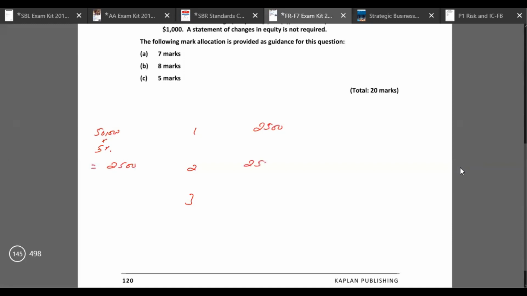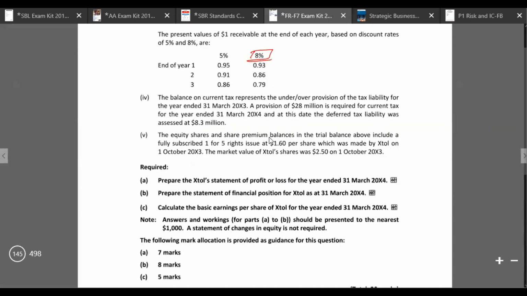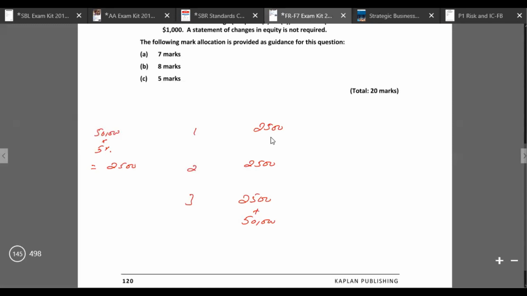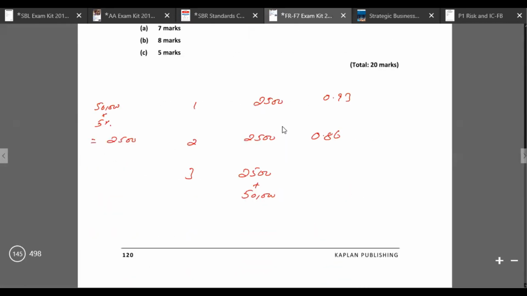In year 2, there will be 2,500 interest. In year 3, there will be 2,500 plus 50,000. Now you have been given the discount factors: 0.93, 0.86, and then you have 0.79.